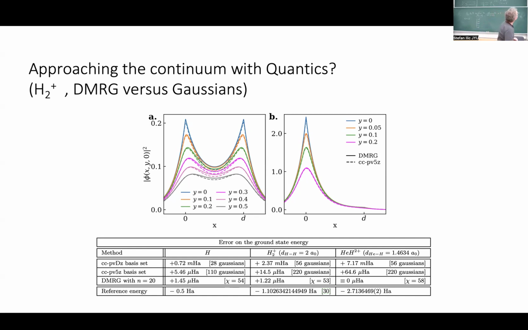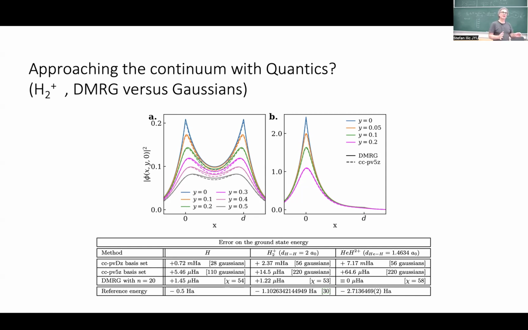So typically the best you can afford is this one, cc-pV5Z, so it's 5 zeta. You don't want to enter into the realm of Gaussian orbitals, but it's a basis set that has been optimized a lot.